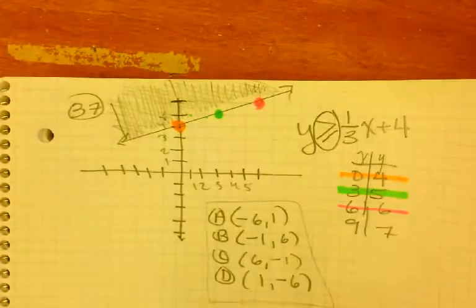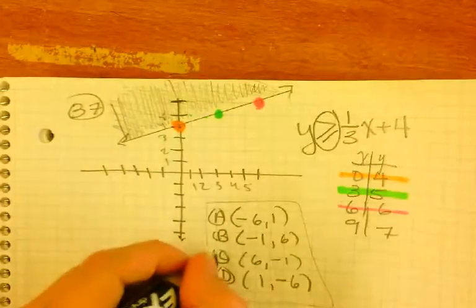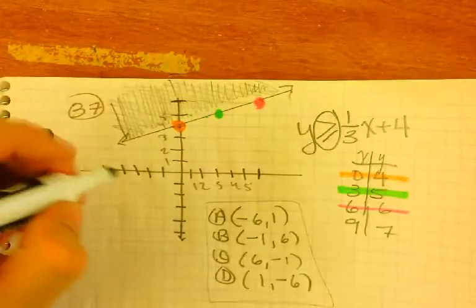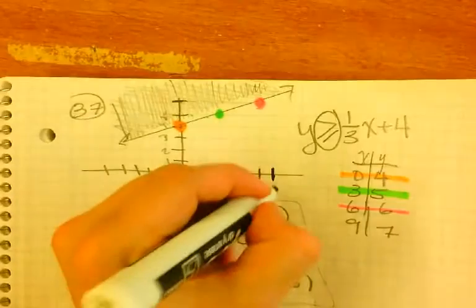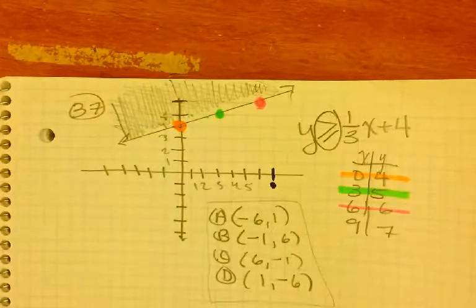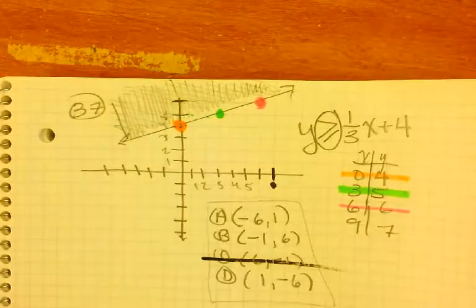Yeah, let's go there. 6, negativo 1. Aquí es 6 y aquí es negativo 1. No es una solución, ¿no? Ok, no es la C. Muy bien.